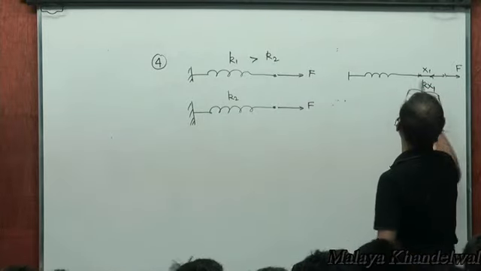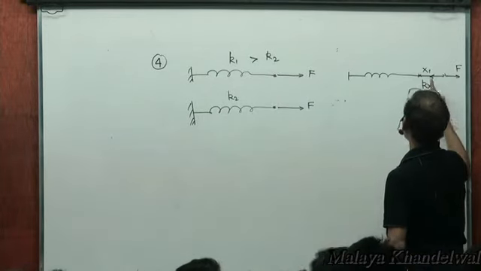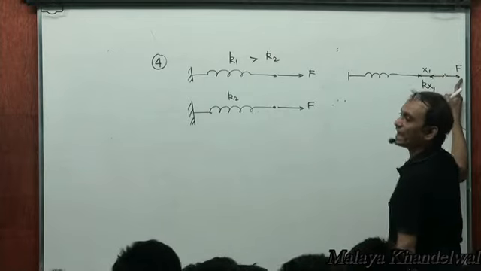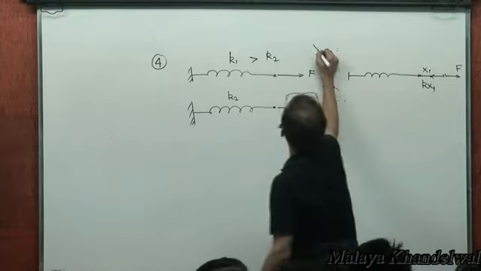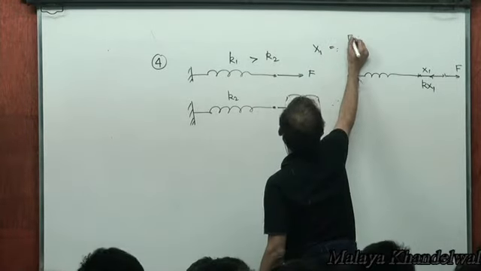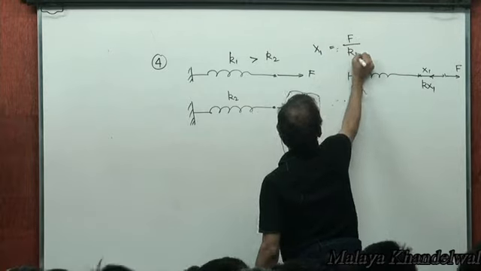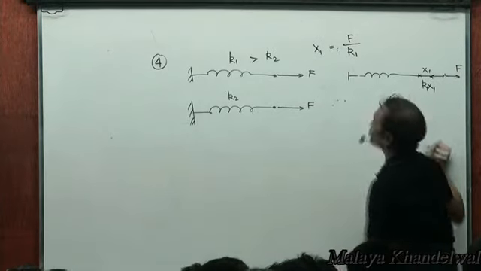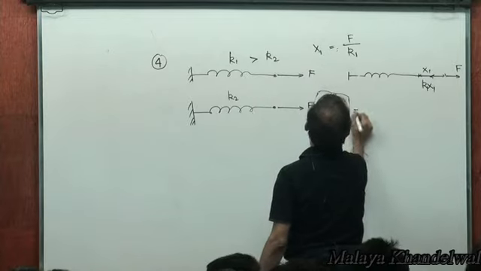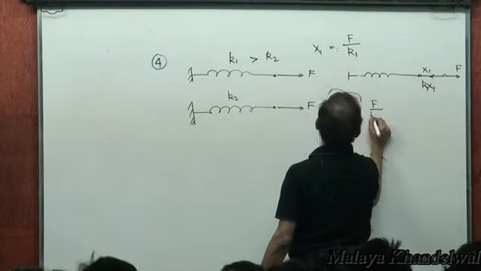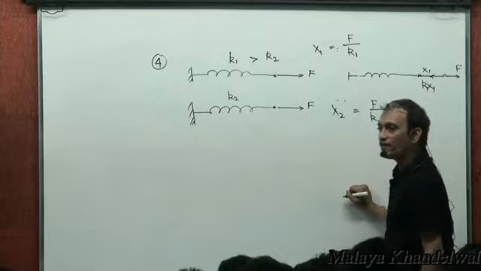This force F will create an elongation x1 such that kx1 will take care of F. It won't elongate any further. So the elongation here is going to be F divided by K1, the elongation of the first one. The elongation of the second one is F by K2.